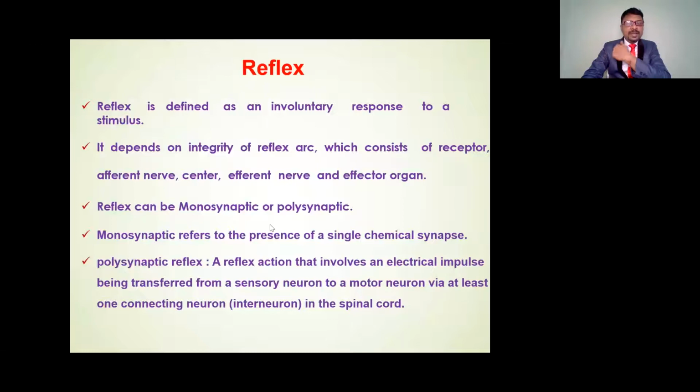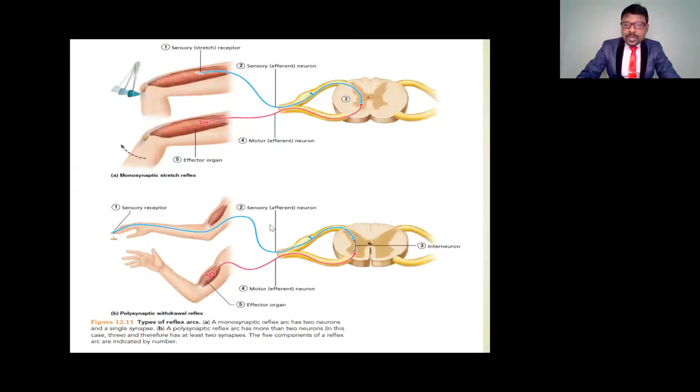From the center, it goes to the spinal cord, and from the spinal cord it goes to the brain. For example, if anybody steps on or presses a sharp object, the impulses go from the superficial site to the spinal cord through the afferent nerve, that is the sensory nerve.